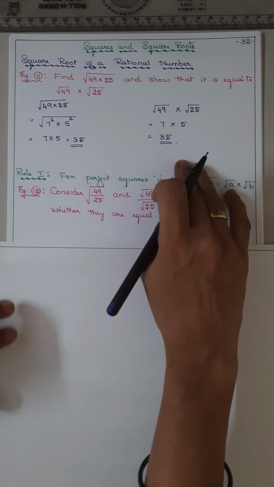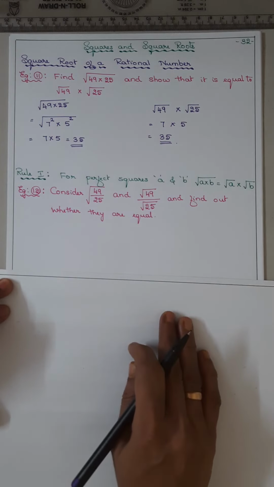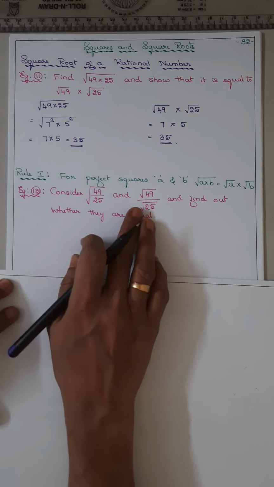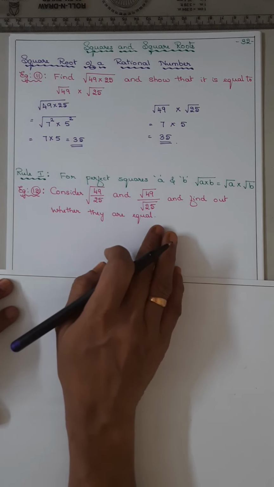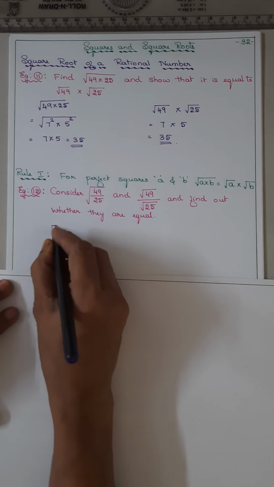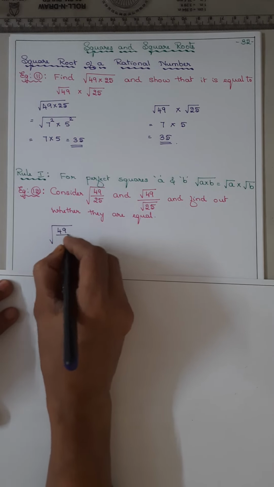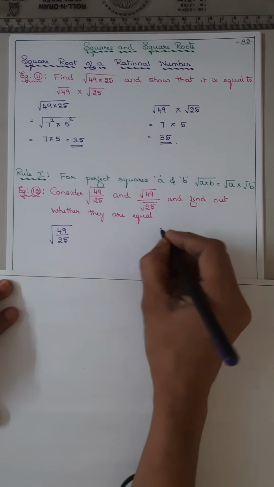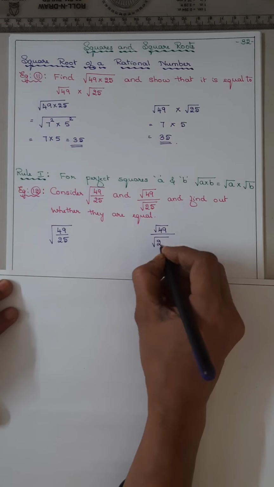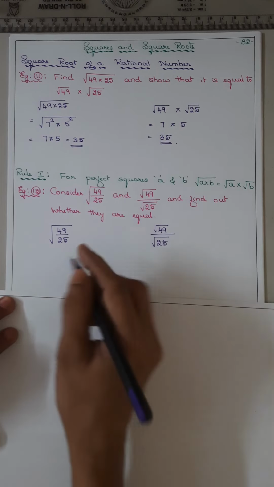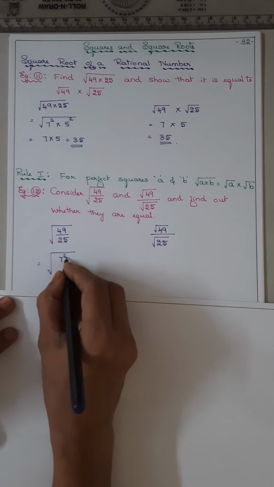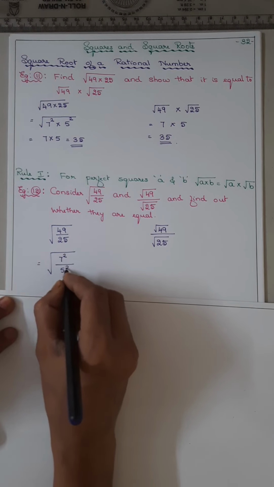Now coming to the second rule, the division. Square root of 49 by 25 is equal to square root of 49 upon square root of 25. So this can be written as square root of 7 squared upon 5 squared.